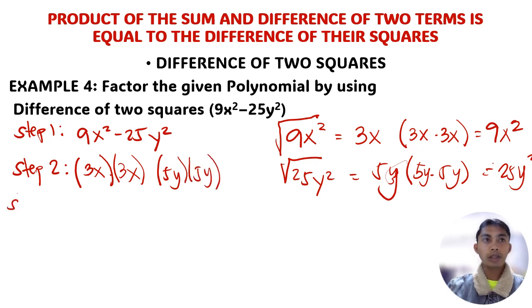In step 3, we need to copy the first term from the given formula and then the second term. That is positive first, then negative.